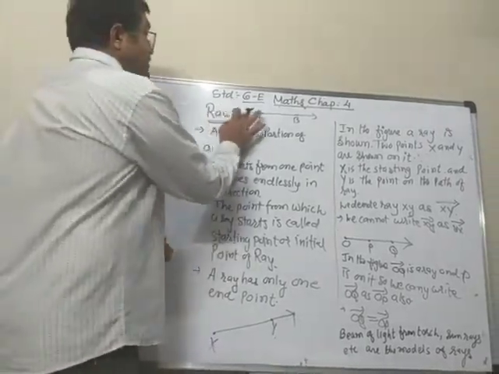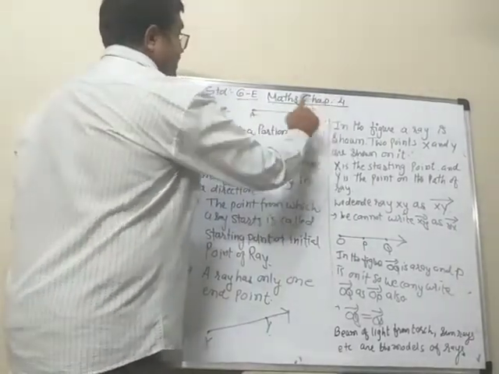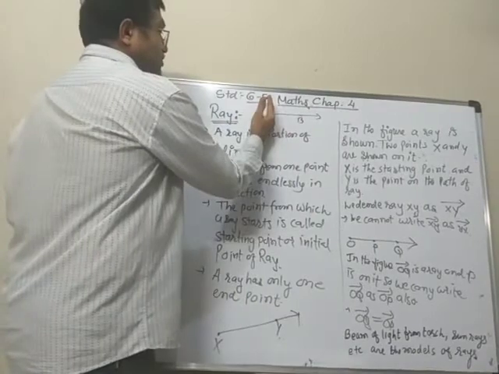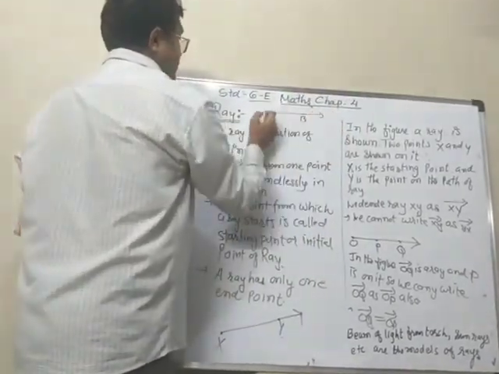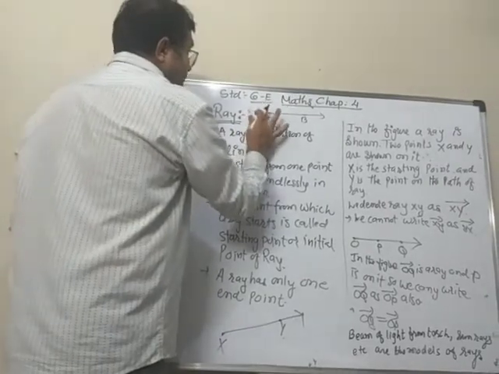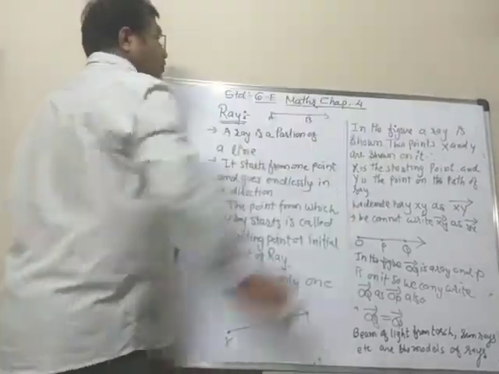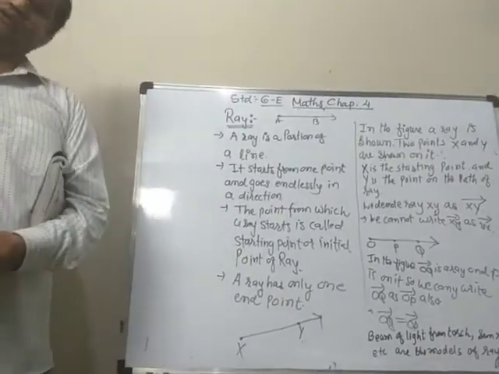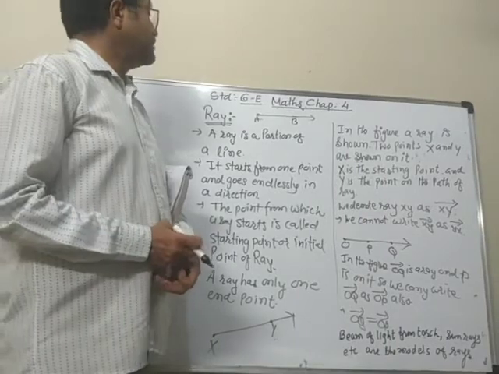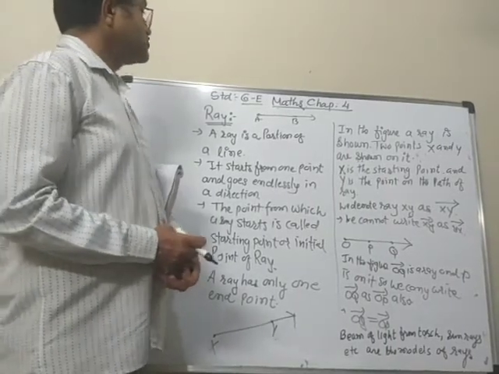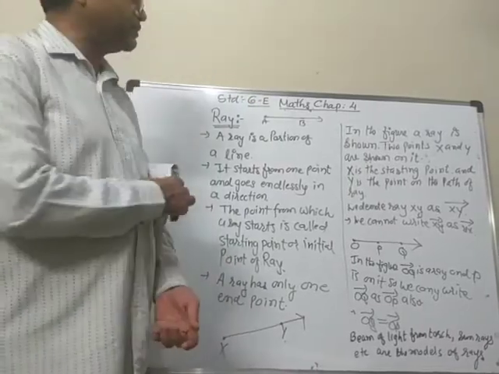But a ray starts from one point and goes endlessly in one direction, so it has one end point, but on the other side there is no end point. And as I told you, it's a part of a line. So you cut this part and take only one side, then it is known as a ray. Right? So now, the ray has only one end point.